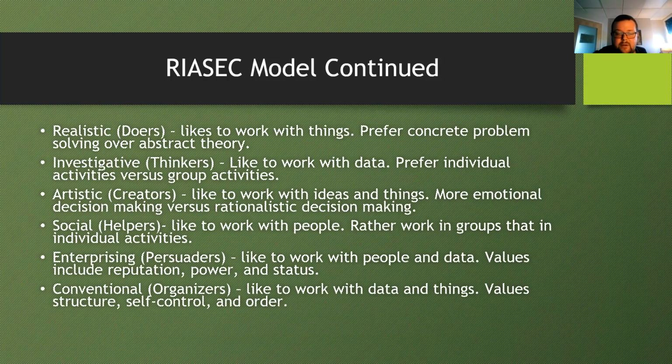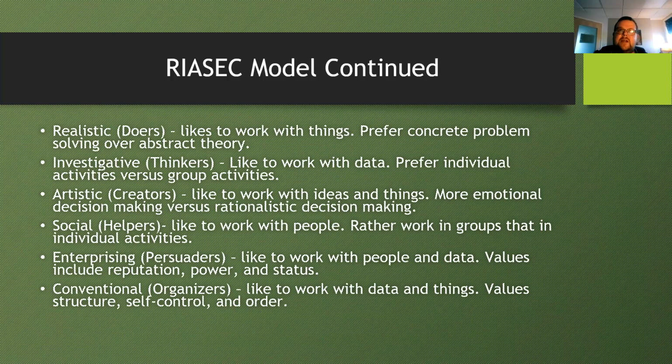Investigative is our thinkers. They like to work with data. They prefer individual activities versus group activities. So a data analyst, an investigative researcher, or someone working in a laboratory would score high on the investigative trait. Artistic is a creator, someone who likes to work with ideas and things, with more emotional decision making versus rationalistic decision making.